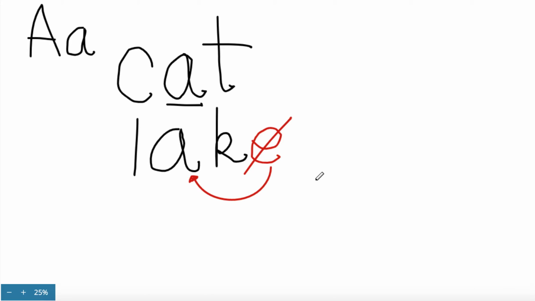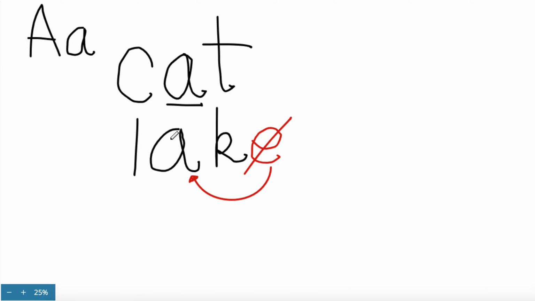So what we're gonna do now is read this word with our magic silent E at the end. It doesn't make a sound, but when it's at the end, it changes the sound of this vowel. So this word, we would read it lake, okay?